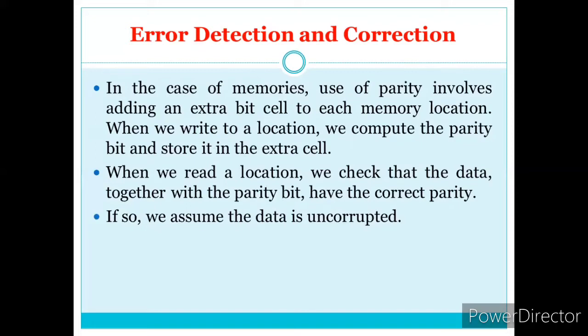So before writing the data to the memory, we identify the parity bit and then store the parity result in the extra cell. When we read the location, we check the data together with the parity bit and identify whether the data is correct or wrong. If the parity matches, we say the data is not corrupted. If a parity error is detected, we say the data is corrupted.